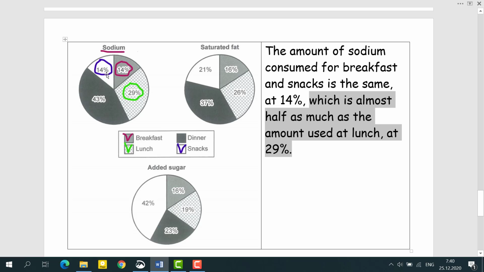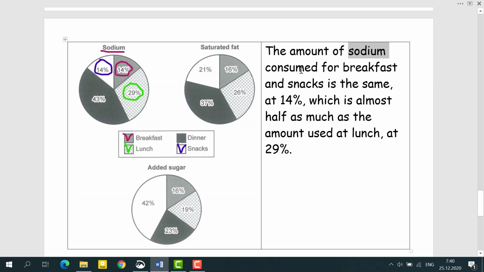So again, what's the difference between 14 and 29%? Okay, so almost half as much, because 14 plus 14 is 28, which is less than 29%. I just wrote the word almost, and then as much as the amount used at lunch at 29%. Here, I'm using the phrase the amount of because I'm talking about an uncountable noun, right?